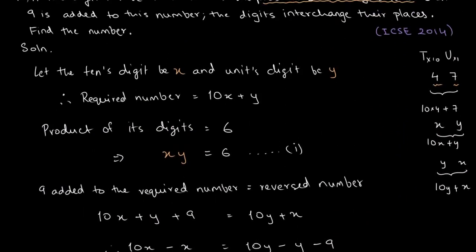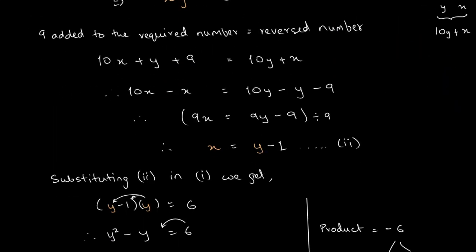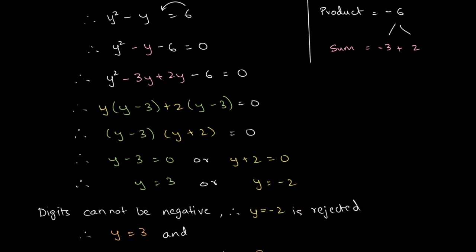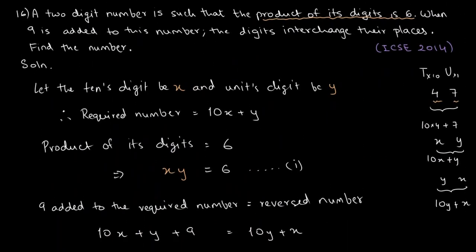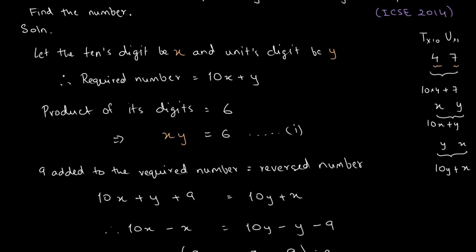The question that was asked was to find what is the number, and the number is, remember, 10x plus y. You can think of it as the tens digit to be x and the units digit to be y, so the number becomes 23.